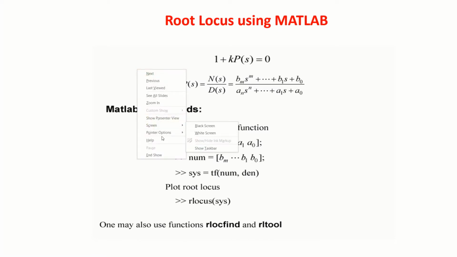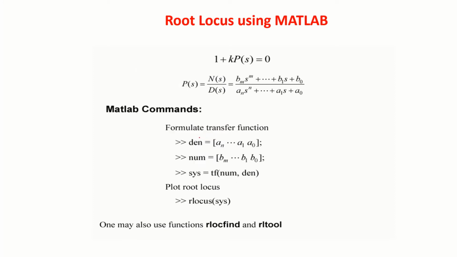So here, this is the characteristic equation. This is the numerator part, open loop zeros, open loop poles.